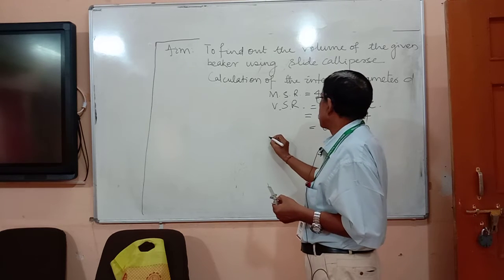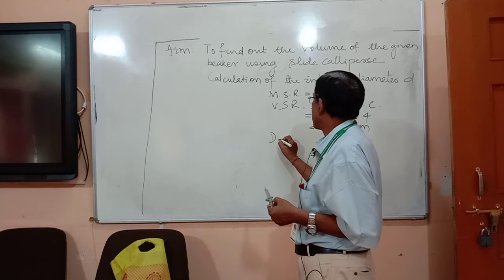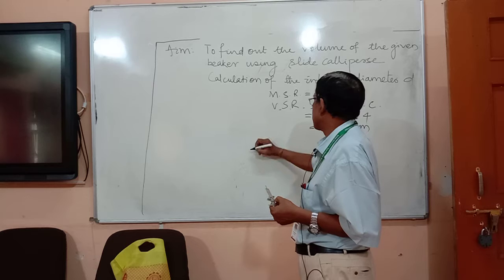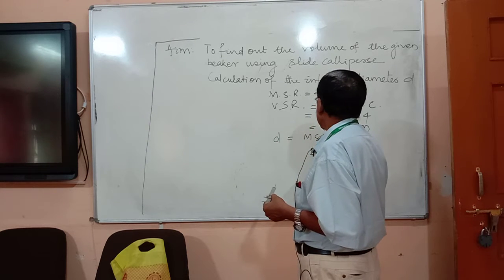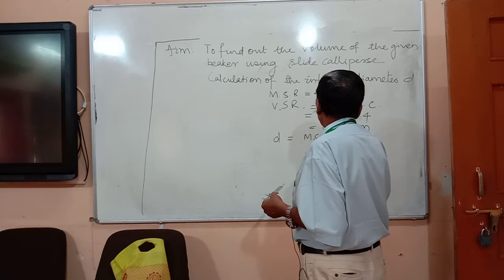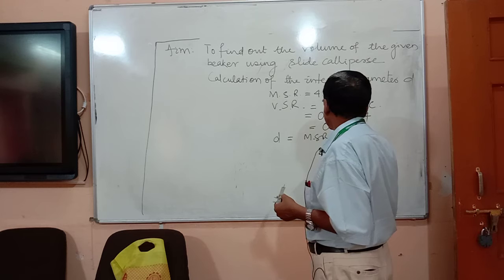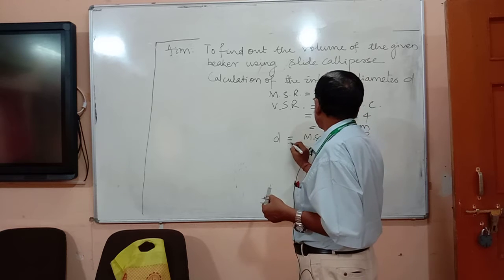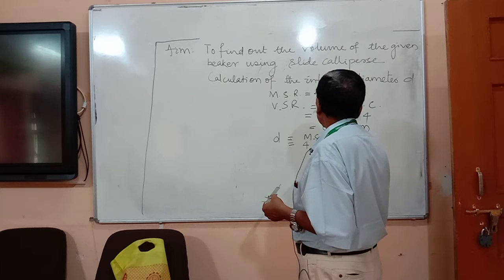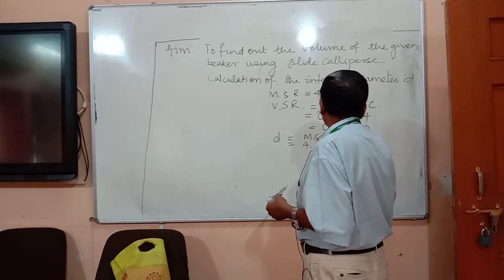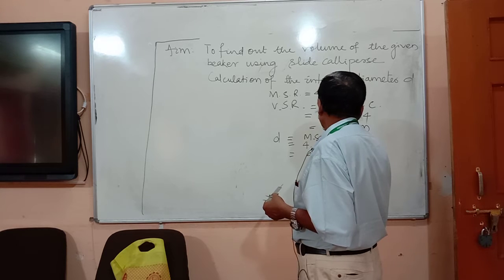So your internal diameter, say small d, equals MSR plus VSR. MSR is 4.4 plus 0.04 equals 4.44 centimeter.